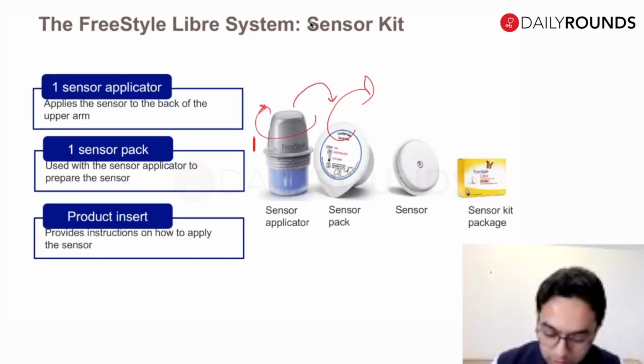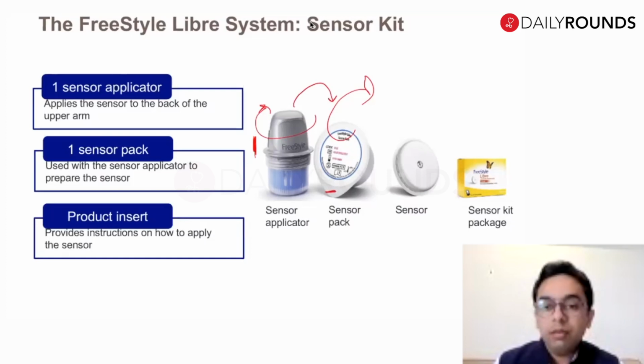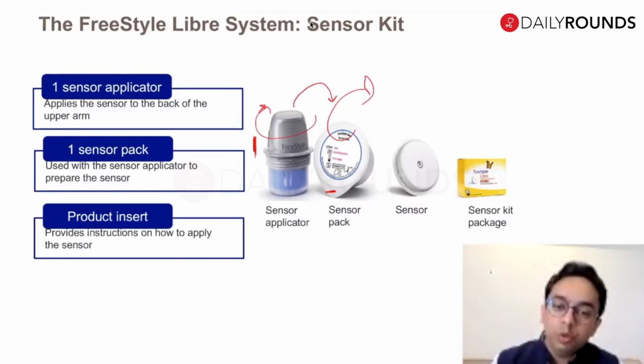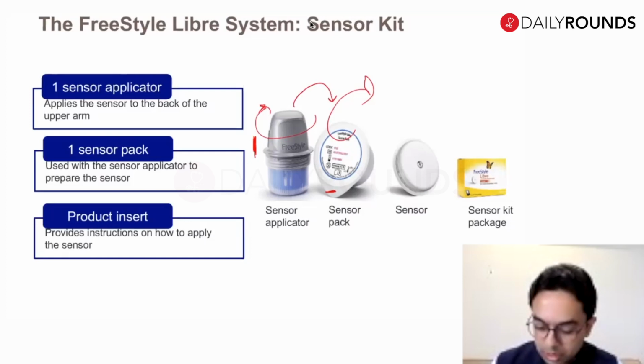Here you can see there is a line which should line up with this protruding part, and you have to push it. Once you push the sensor applicator onto the sensor pack, the sensor is loaded onto the sensor applicator.